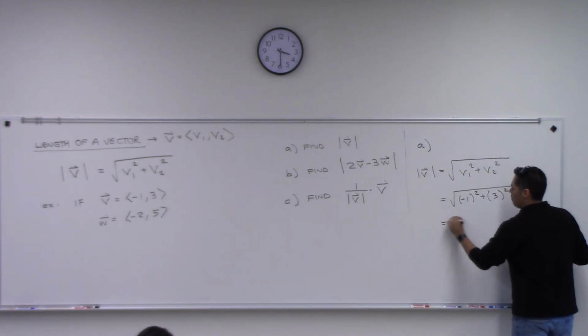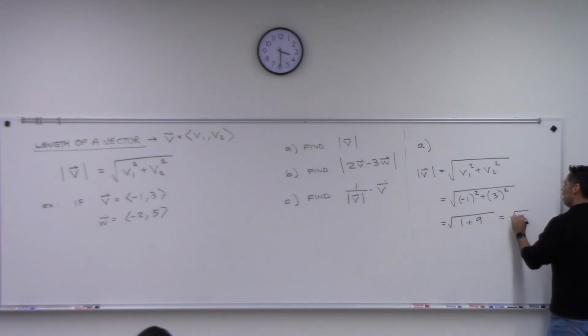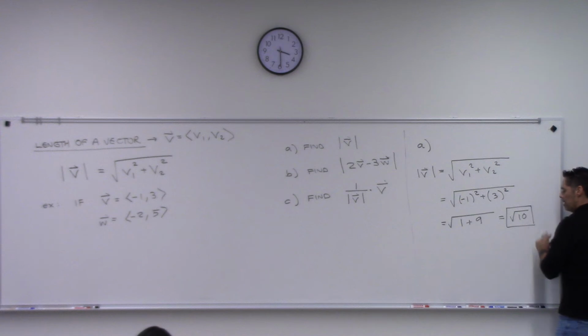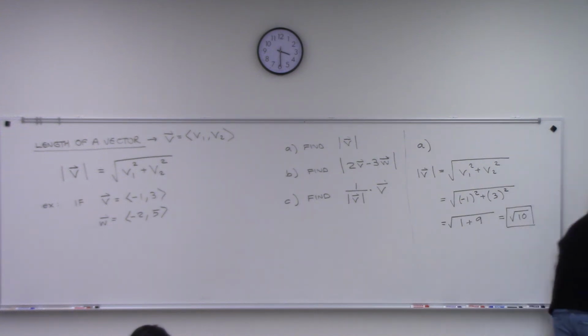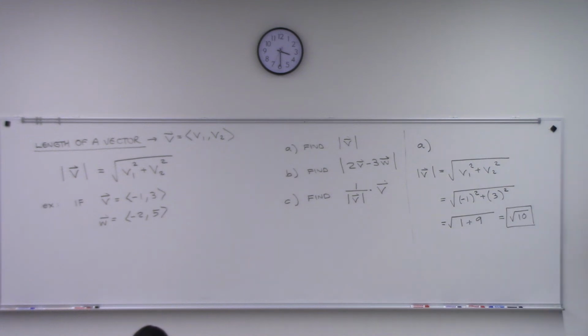This will be the square root of 1 plus 9, that's the square root of 10. And that's my answer. That's how long that vector is. All right, got it?